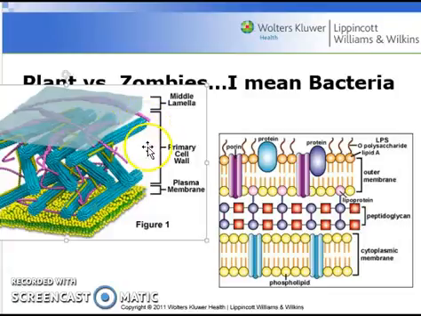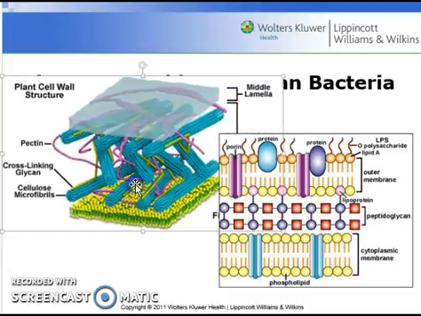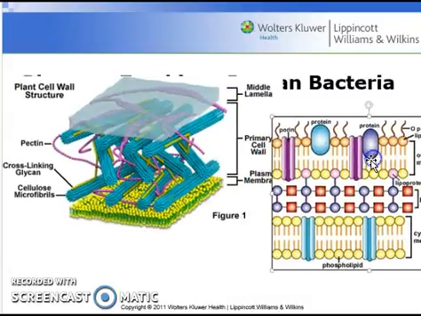We have the primary cell wall, and then we have a plasma membrane that surrounds the cytoplasm. Okay. The structures that make up the primary cell wall consist of certain molecules and protein structures known as pectin and glycan and microfibrils.